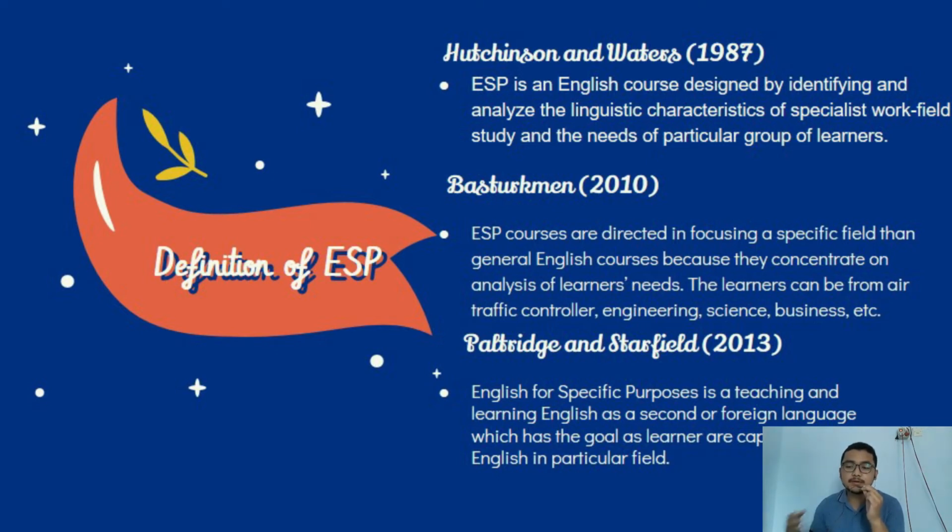And also supported by Basturkmen 2010, he stated that ESP courses are directed at focusing on a specific field rather than general English, because they concentrate on analyzing learners' needs, and the learners can be from air traffic controllers, engineering, science, business, and etc. And also the definition of ESP according to Paltridge and Starfield 2013, English for specific purpose is teaching and learning English as a second or a foreign language which has the goal that learners are capable of using English in a particular field.